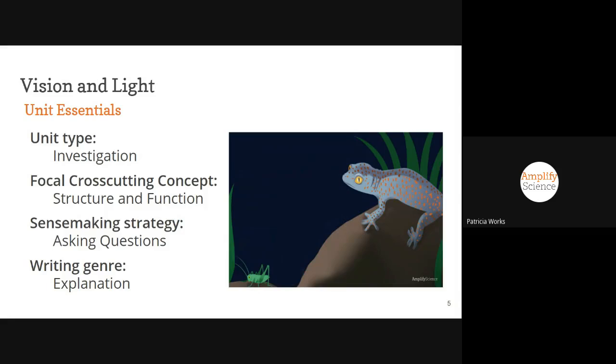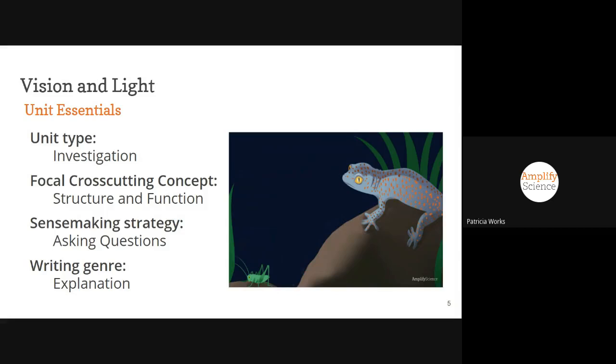The focal cross-cutting concept in this unit is structure and function. In their role as conservation biologists, students delve deeply into the importance of vision in an organism's survival and to the process of vision as they investigate what's happening in the Tokay geckos.